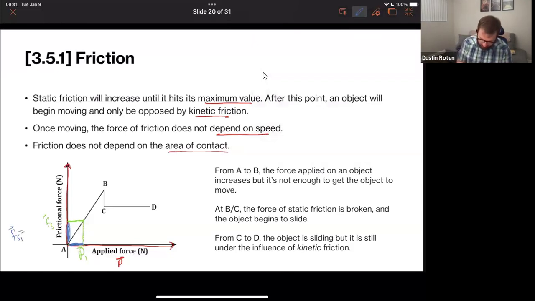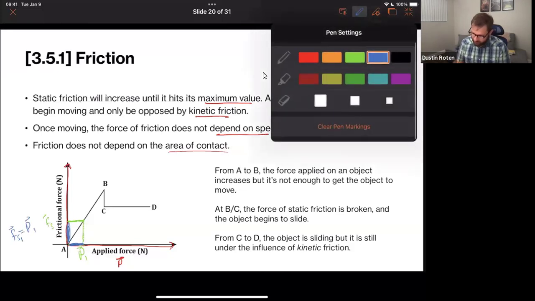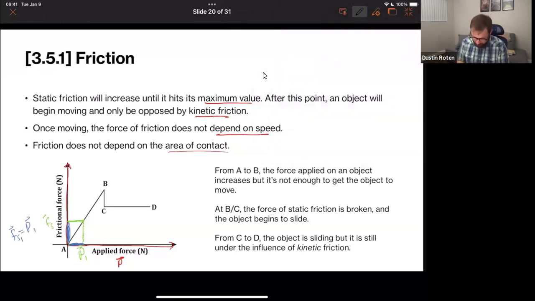I'll call this my first push. Now I could increase my push, maybe come over this much. Here's my second push, and here's the amount of my second push.